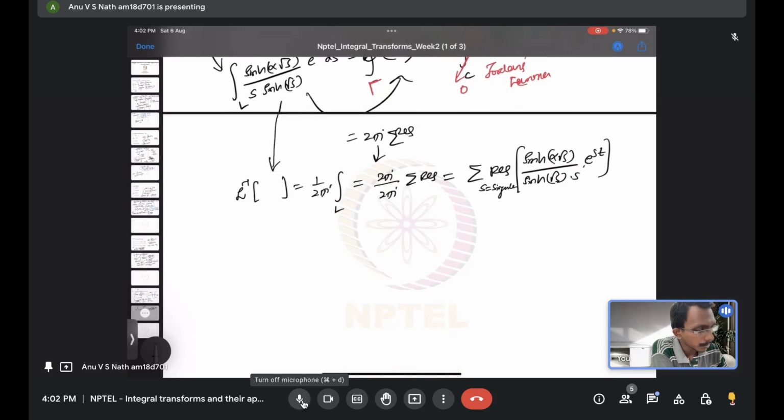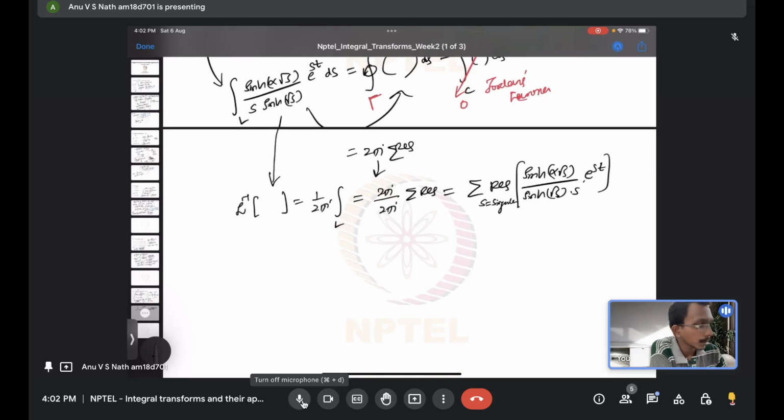Now our job is to find the singular points of this particular function. When the denominator vanishes, it is a singular point. The denominator can vanish in two ways. s equal to 0 is a direct way, since the 1 by s makes it singular.